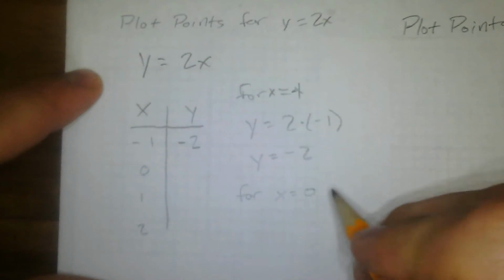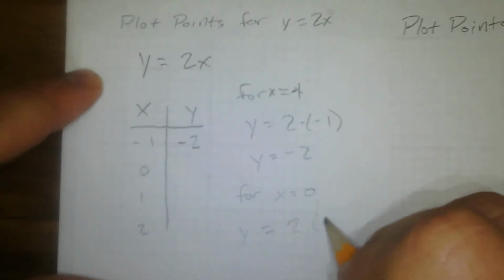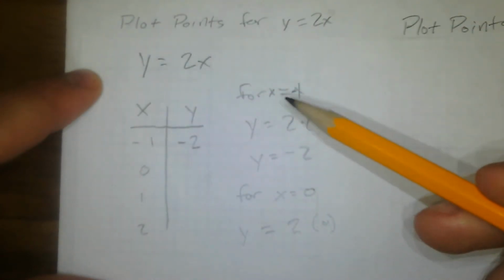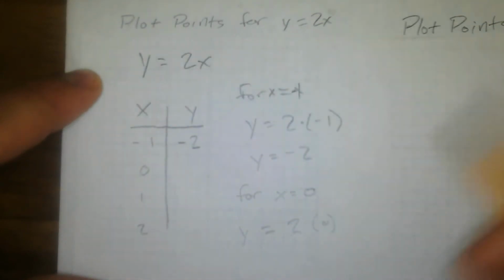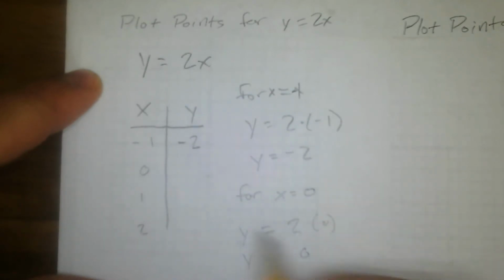For x equals 0, it'll be y equals 2 times 0. If you notice, instead of x, I put what x equals. In this case, -1. Instead of x, I put in 0. 2 times 0 is 0, so y is 0.